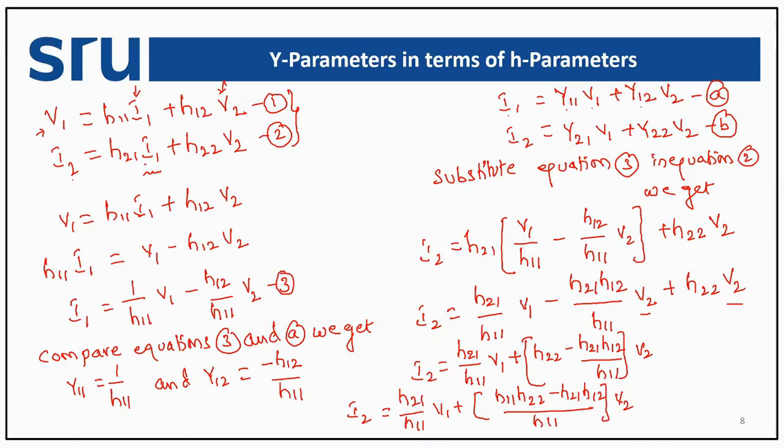Now if you compare this equation 4 with equation B, we get Y21 is equal to H21 divided by H11, and my Y22 is equal to determinant of H matrix divided by H11.